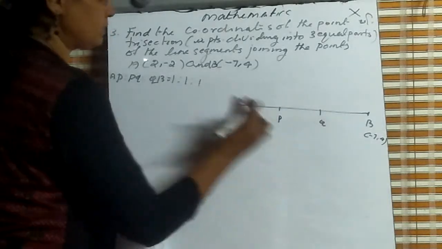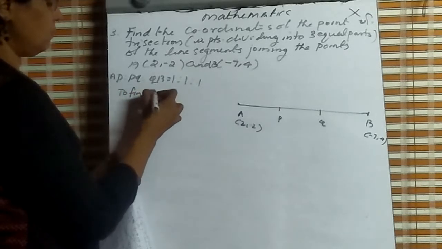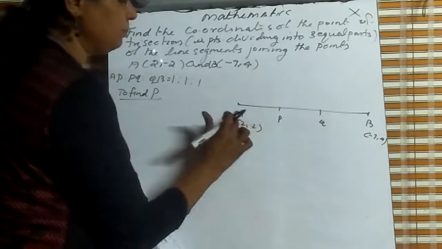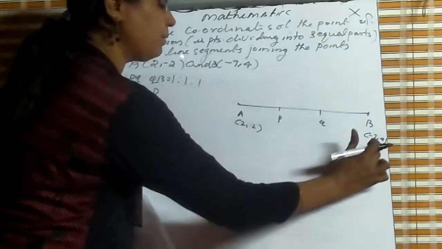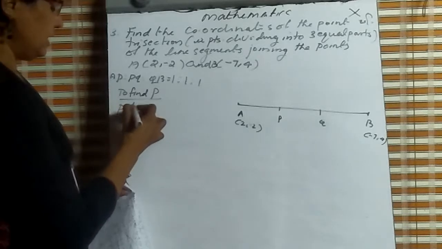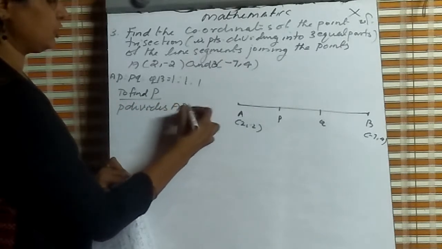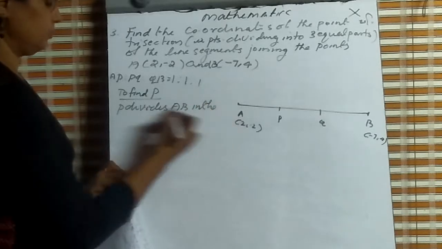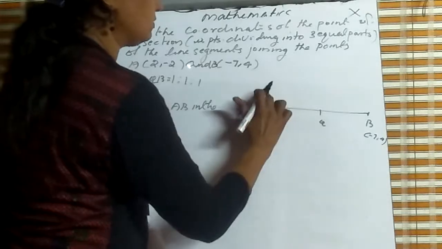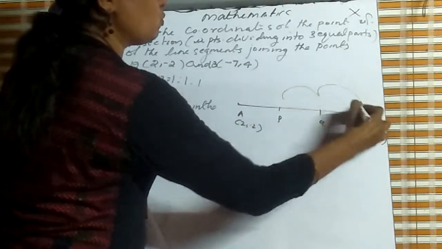For that, first we have to calculate P. P divides AB in which ratio? AP is 1 and the remaining two parts are 2.